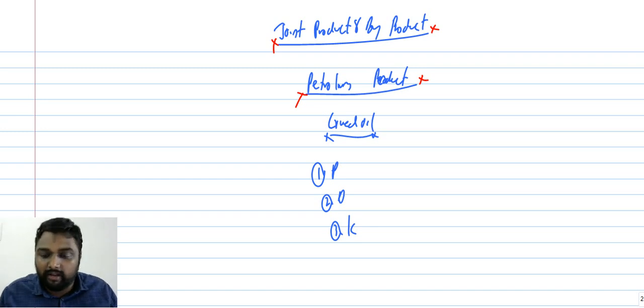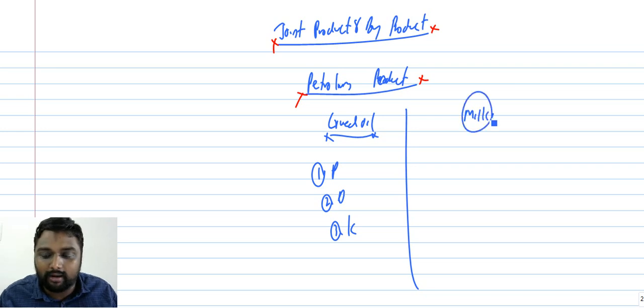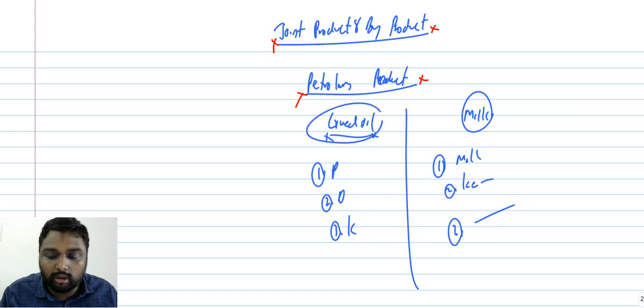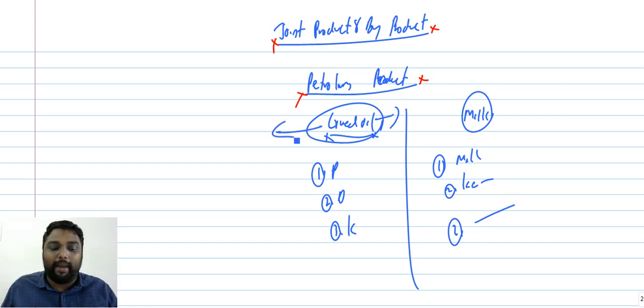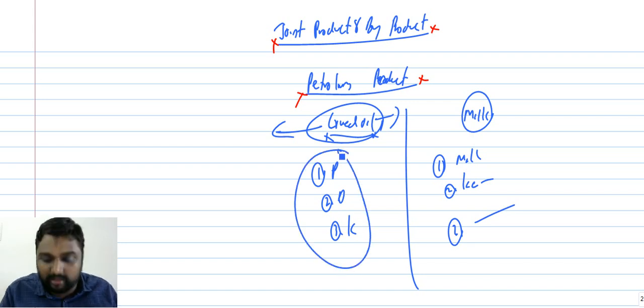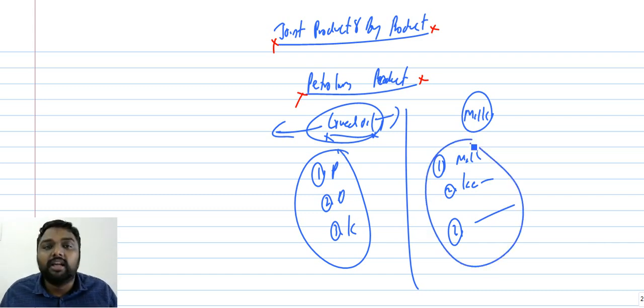Even if you take Aavin, milk is the main raw material for producing Aavin milk, ice cream or ghee, whatever it is. So there will be a prime raw material. So here the price you paid for the common cost, that is the crude oil, is used for producing the entire product. In this example, milk is used for the entire product.